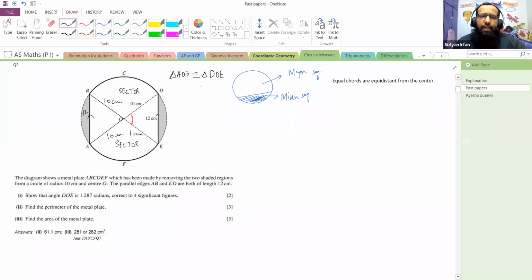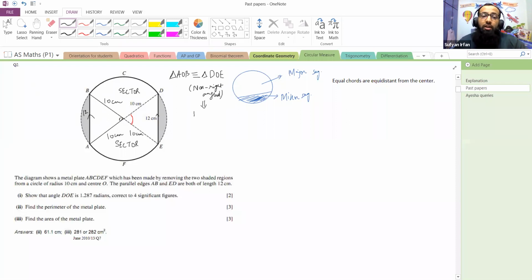Although the triangle is a non-right angle triangle, still we can do it without using the cosine rule. How come? How can we apply another rule?